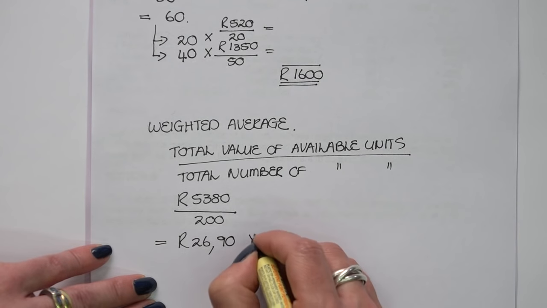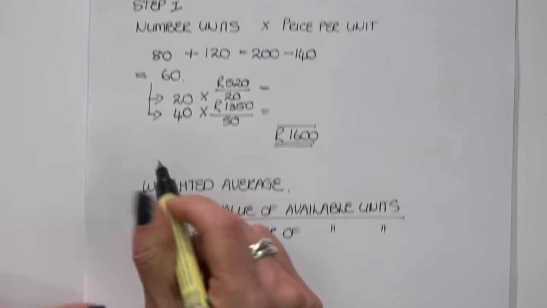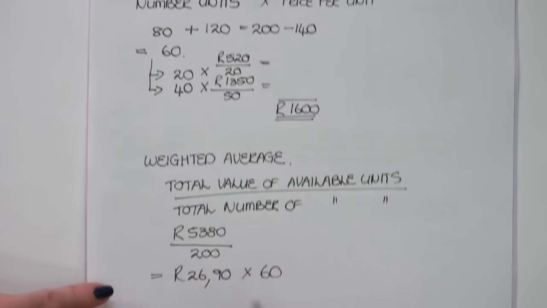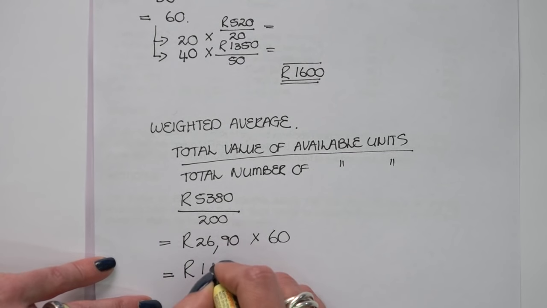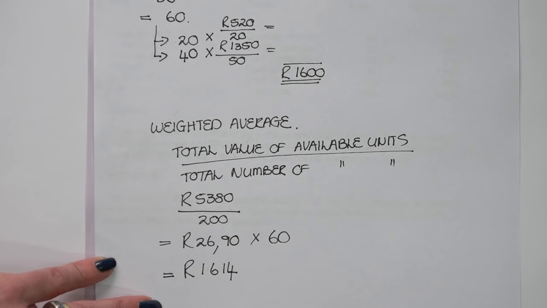If I now multiply the 60 units that we calculated in step 1 at the top already, the new value for closing inventory is 1,614.